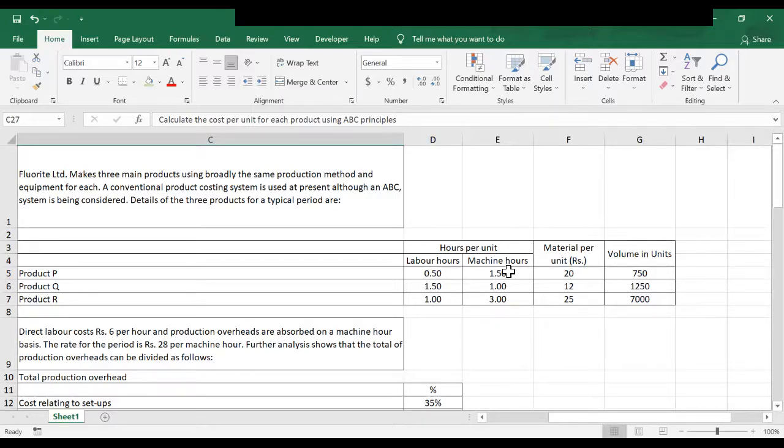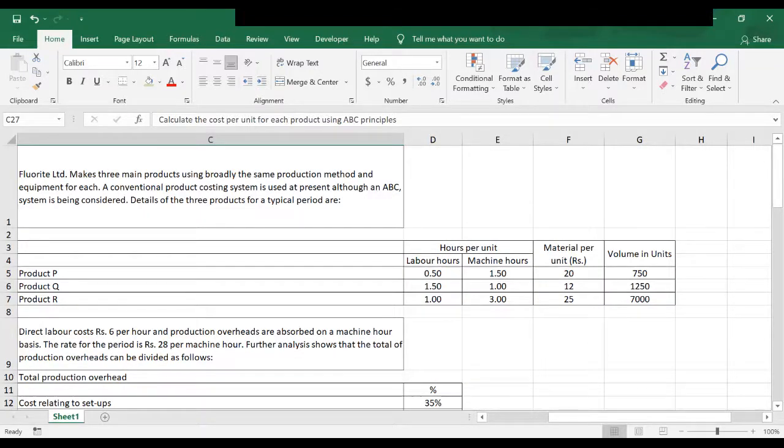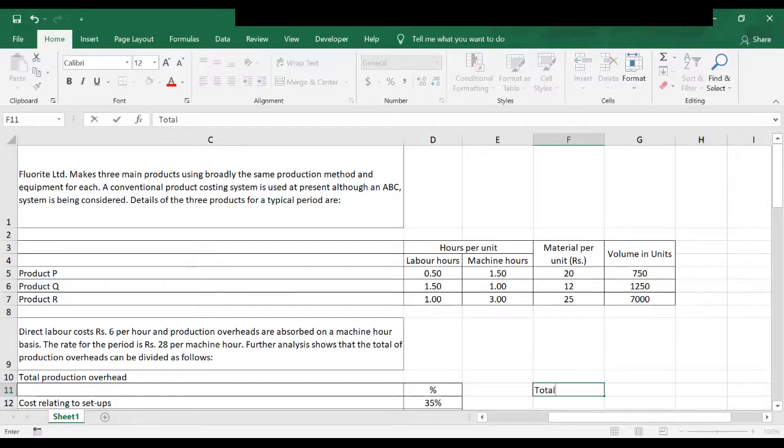To calculate the total production overhead, in earlier questions, if you remember how this 28 per machine hour was calculated, we would have a total production overhead, and from that we had the total machine hours.